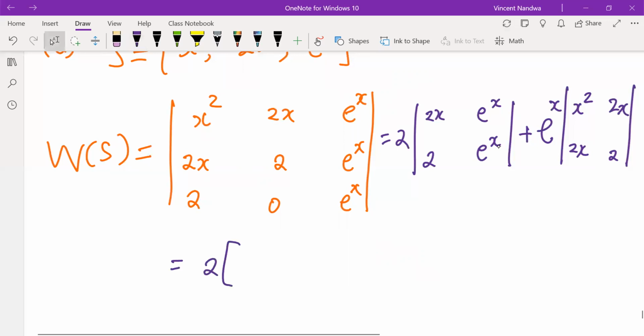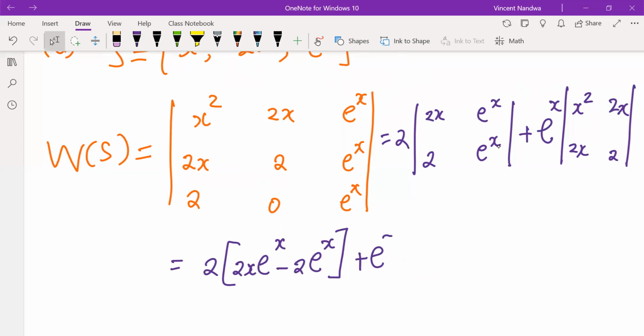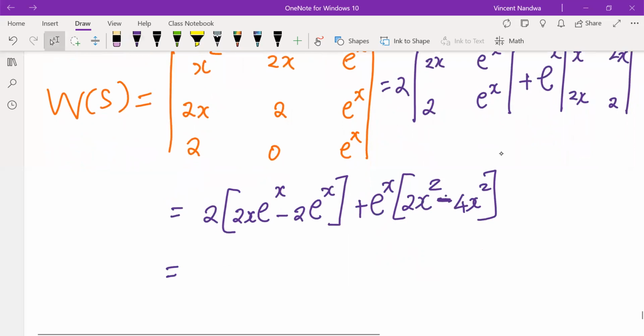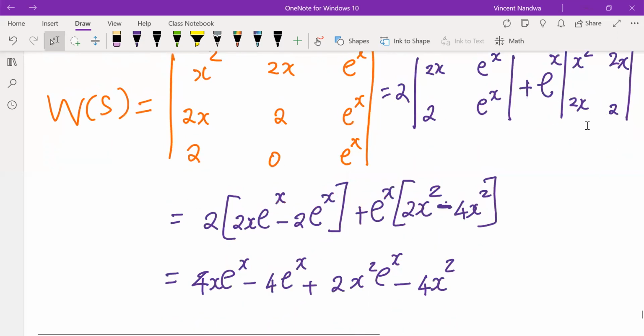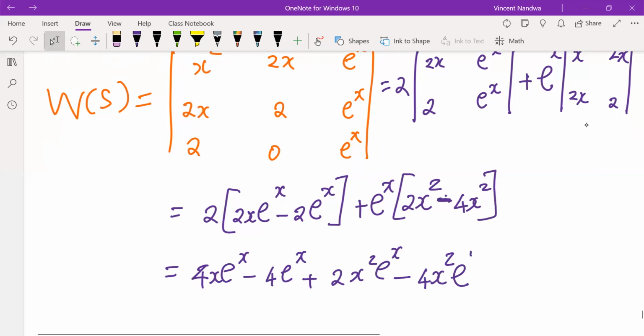So it will be 2 times (2x e^x minus 2 e^x) plus e^x times (2x squared minus 4x squared), which will be 4x e^x minus 4 e^x plus 2x squared e^x minus 4x squared e^x.